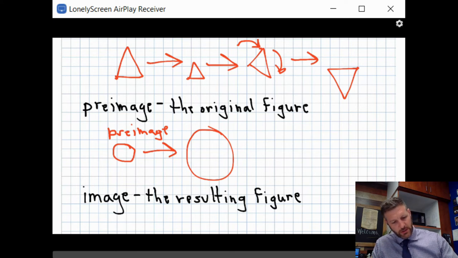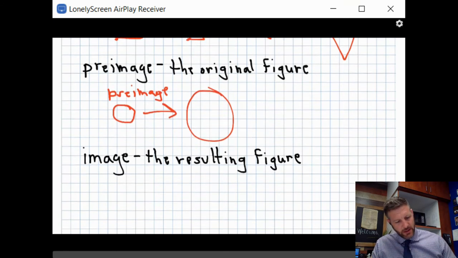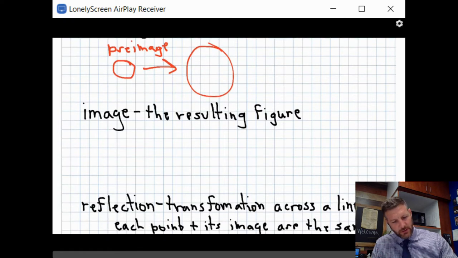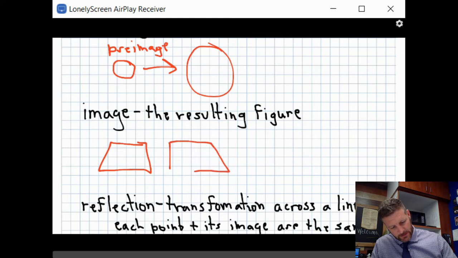So the pre-image is what starts it, whereas our second definition, the image, is the resulting figure. So again, say I take some other type of shape, and then I reflect it in this case, and it looks something like that. Then over here we have the image.